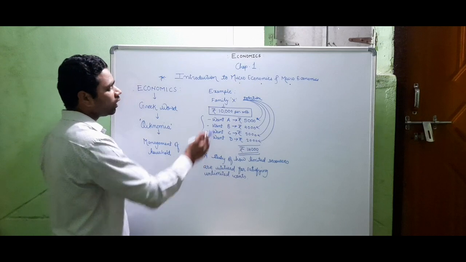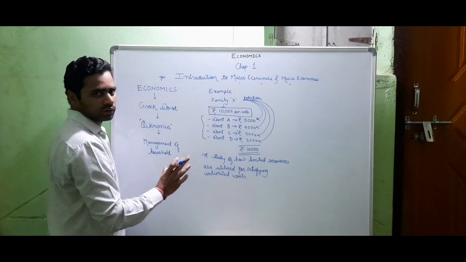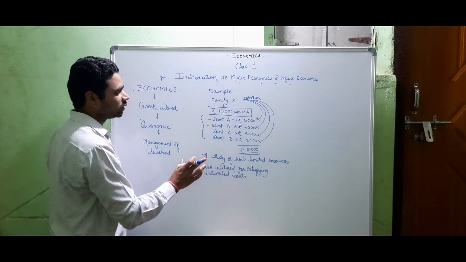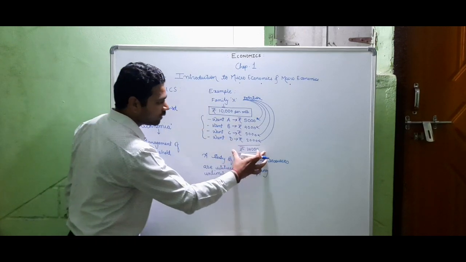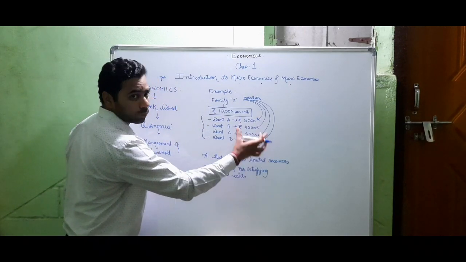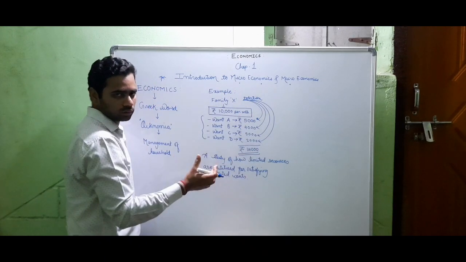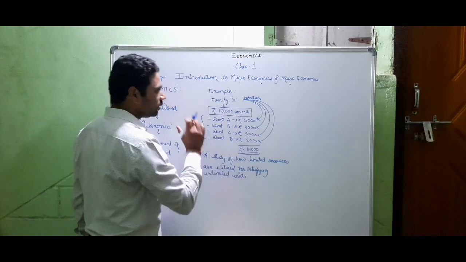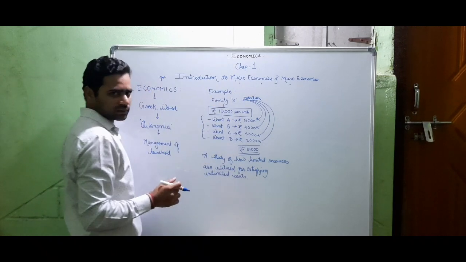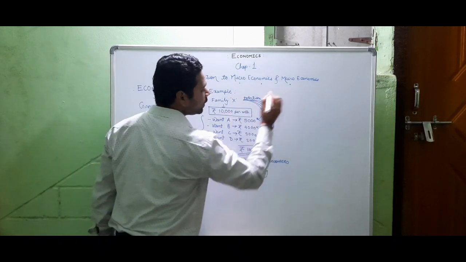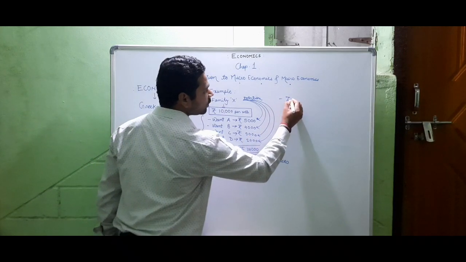So in this example we can say that the income is less and the expenditure required to be made is more.